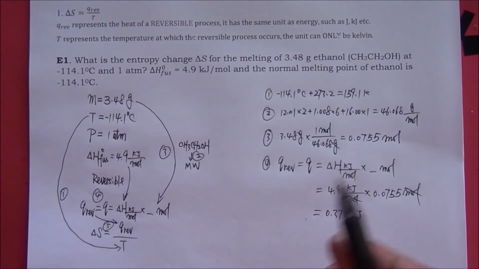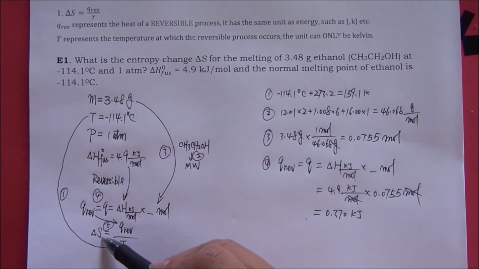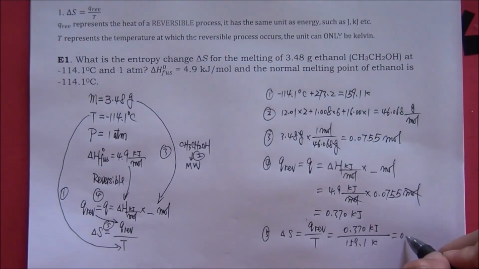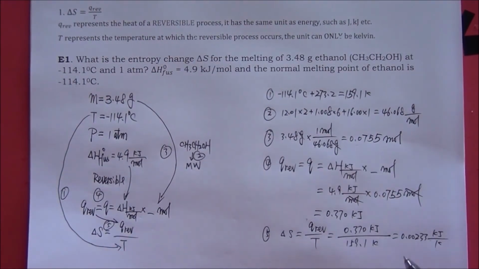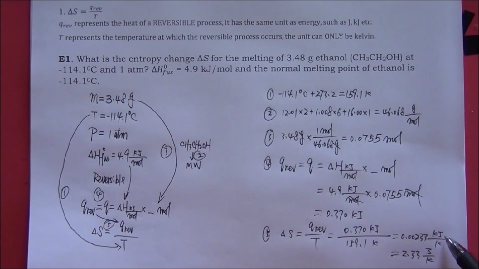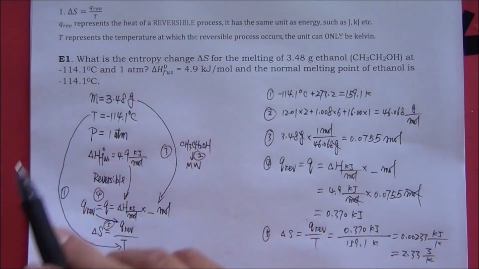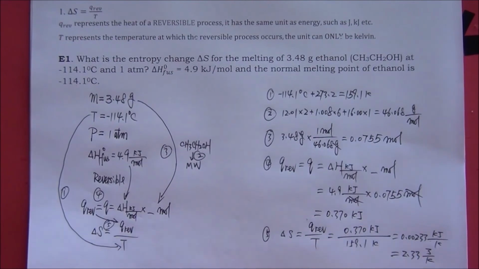Step 5. We will calculate the entropy change. You can also convert the entropy change to joule per Kelvin. It is up to you whether you want to convert or not, because the question did not ask us for any particular unit.